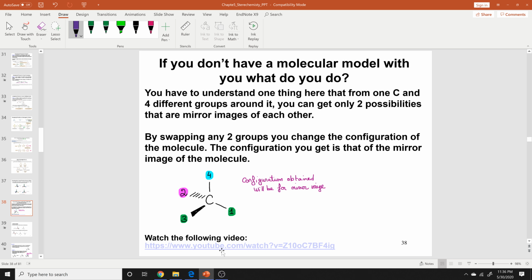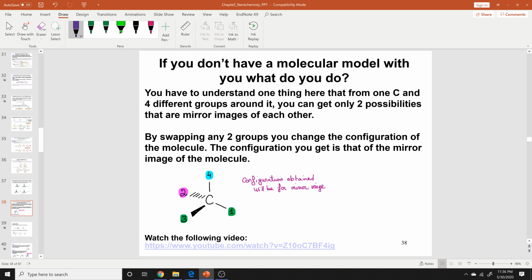Since we said that if you have 1 carbon with 4 different groups, you're going to end up with 2 possibilities that are mirror images of each other. You cannot have more than that.